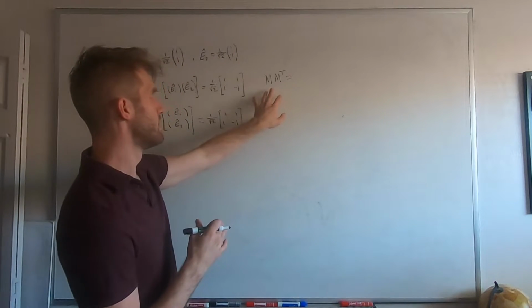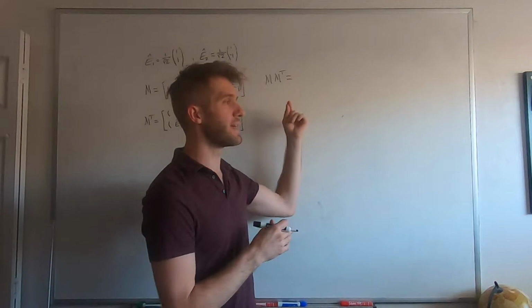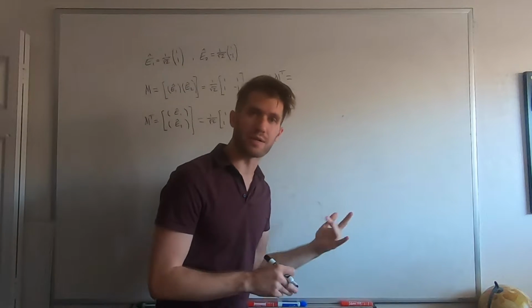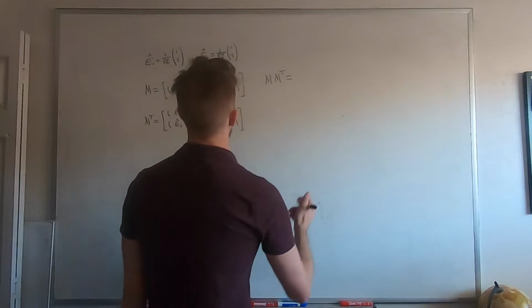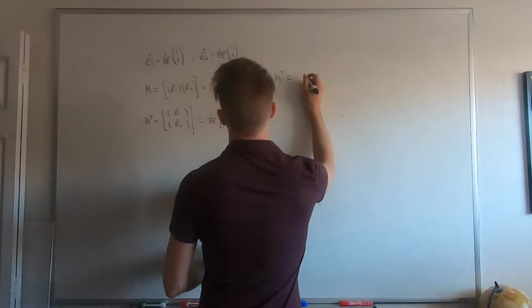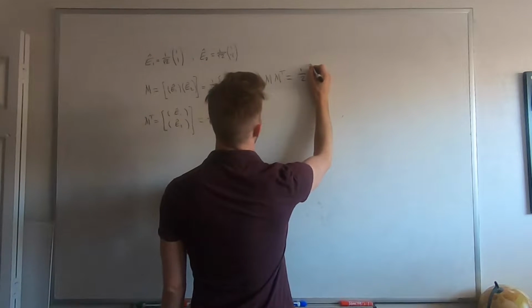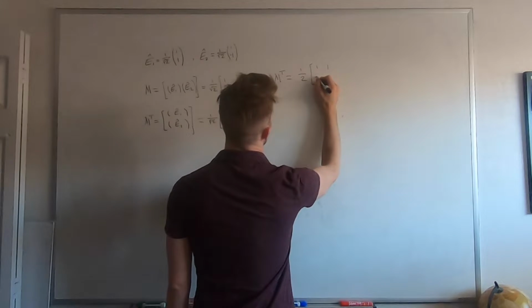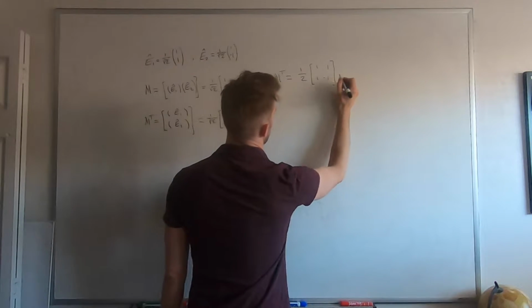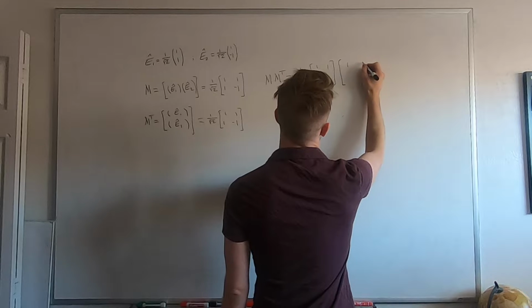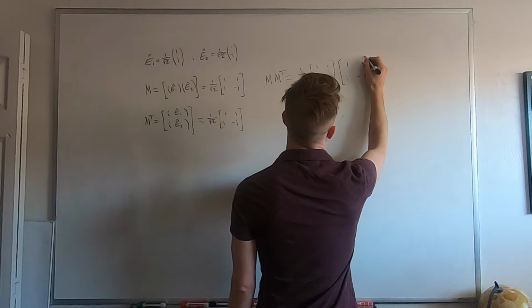If you multiply a matrix by its transpose and you get the identity matrix, then you know it's orthogonal. So let's do that. Multiplying these two together, we're going to have 1 over 2, and we're going to have 1, 1, 1, negative 1, and then 1, 1, 1, negative 1.